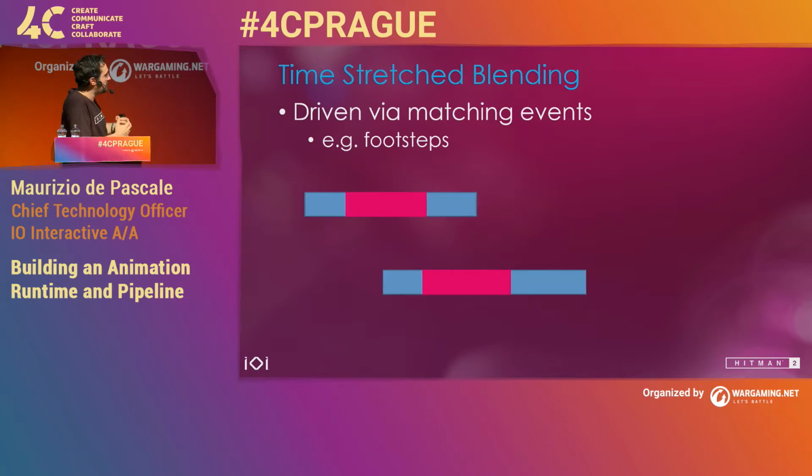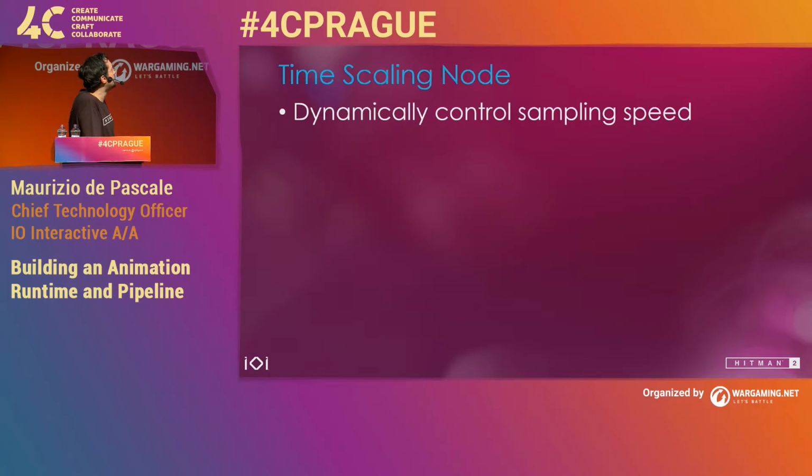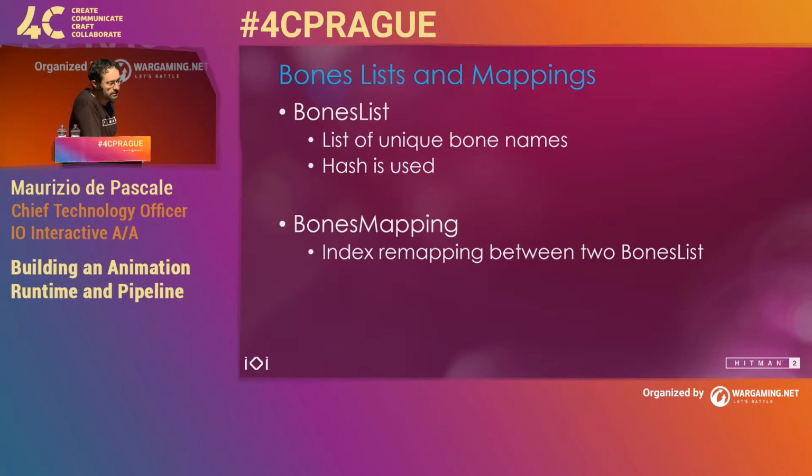And as the crossfading moves from the top one to the bottom one, we will readjust the time so that at the end, the time for the target animation is its original time, and the time for the source animation will once again be diluted. You can do more complex stuff, but that should give you the key idea. For instance, we also have a time scaling node, which is pretty much a pass-through, which just applies a multiplier on the DT that it's being passed downwards.